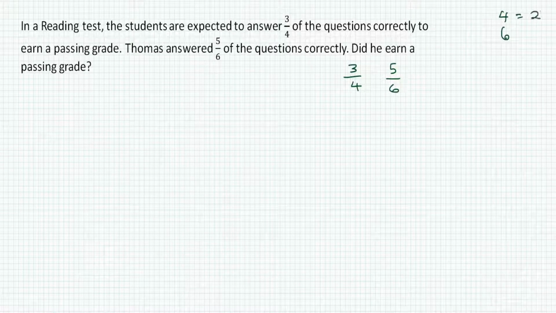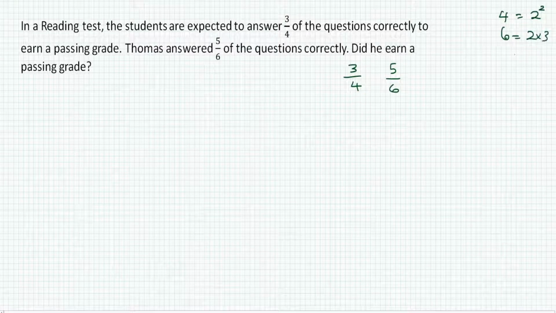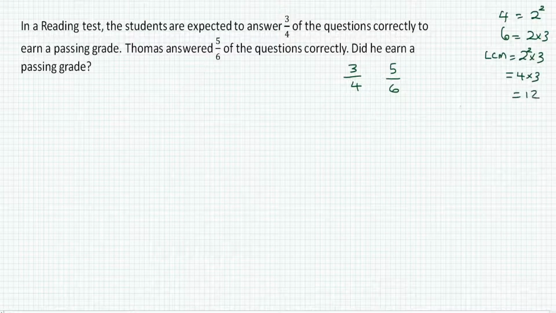4 is 2 squared. 6 is 2 multiplied by 3. And so the LCM is going to be 2 squared multiplied by 3, which is 4 multiplied by 3, and that's 12. The next thing we're going to do is convert each of these fractions to an equivalent fraction with a denominator of 12.